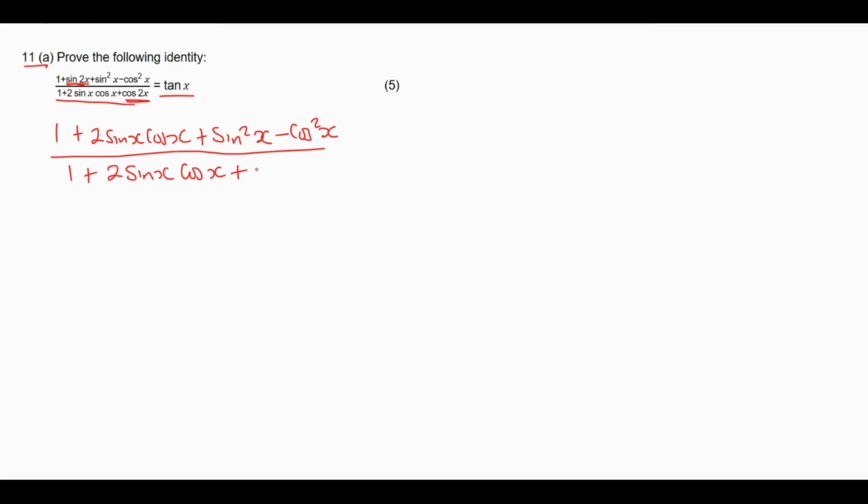Remember that cos 2x is equivalent to cos squared x minus sine squared x. This is equal to tan x.